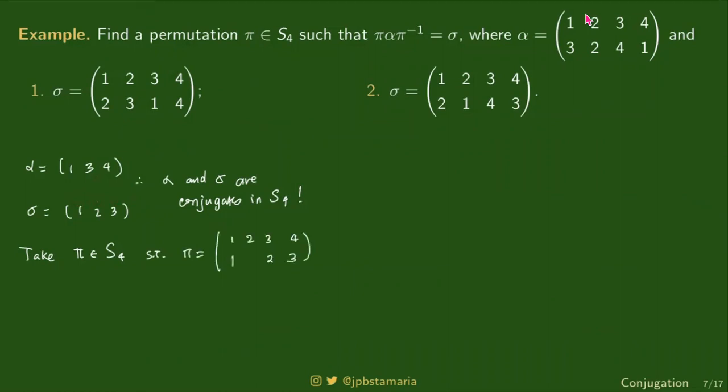Siyempre, wala ka namang option dun sa natitirang element, aside from 4, kasi wala namang ibang element ng pwede. But in reality, possible na maraming pi ang lumabas. Kaya lang in this example, nagkataon na unique yung pi. Kasi wala ka ng option dito sa 2. We don't require anything sa 2, di ba? Kaya lang, dahil napuno mo na yung tatlo, isa na lang naman yung lalagyan mo.